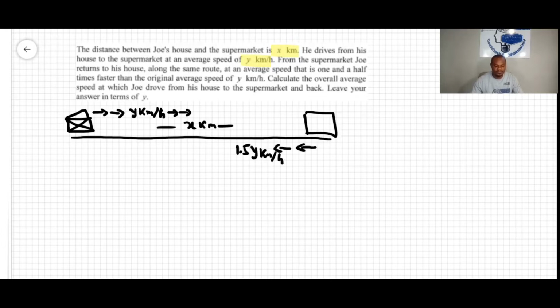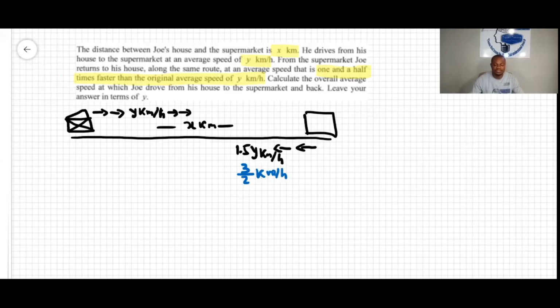That's what the question says here, 1.5 times faster than the original speed of Y kilometers per hour. So we can write it 1.5Y. We can write it as a fraction, it's going to be 3/2 kilometers per hour.